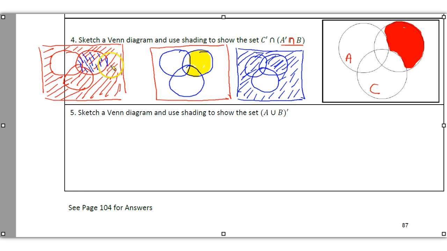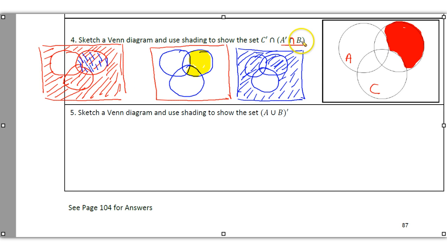Now again, it does take time, and if some of you can see it initially, you don't have to go through all these steps. But again, you want to get the right answer, and you want to see how you arrived there, plotting each part, doing what's in the parentheses first, complement of A. So sketch that in, that was in red.